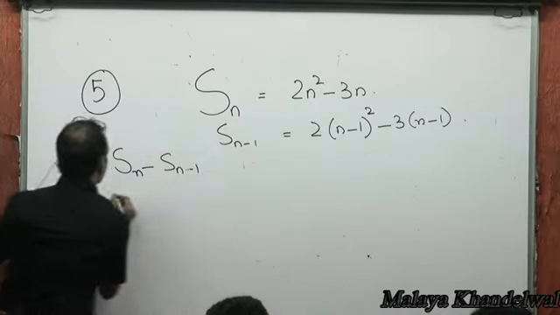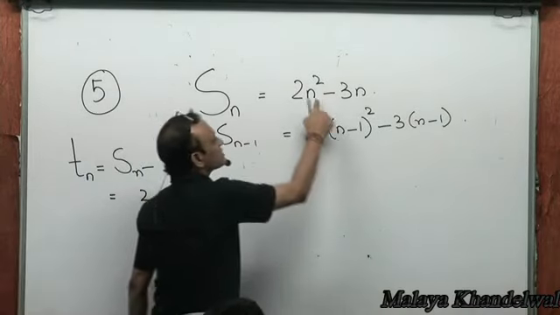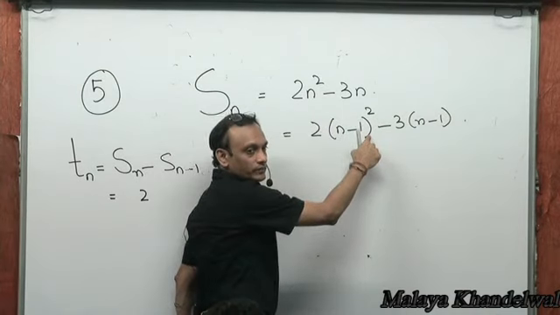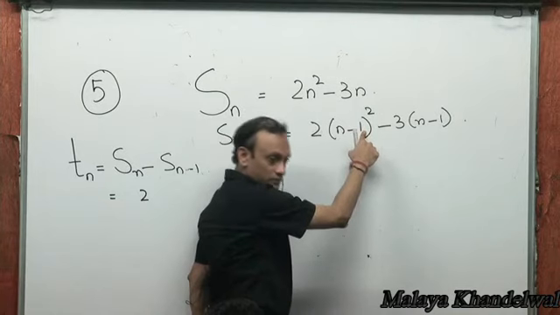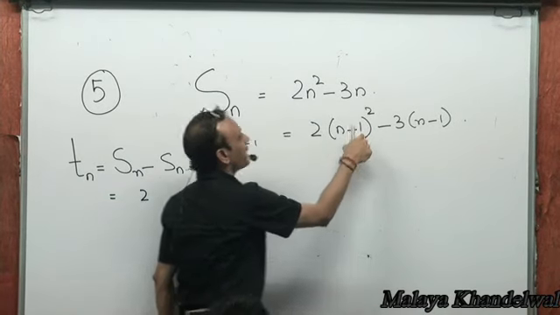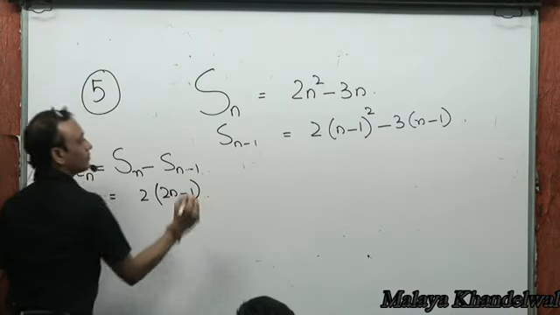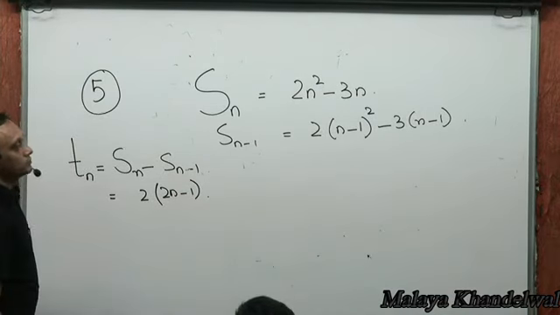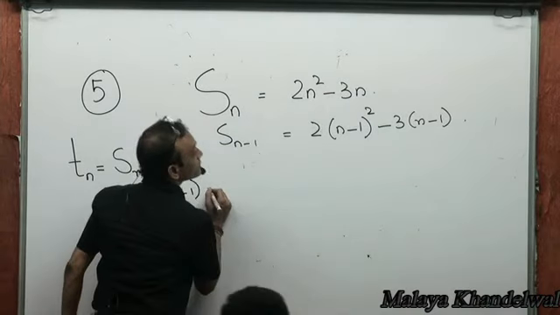Now, Sn minus 1, again, as you can see, is 2 into n minus 1 whole square, right? So, n square will get cancelled. Minus 2n will become 2n, right? And minus 1. Yes or no? And then minus 3n.